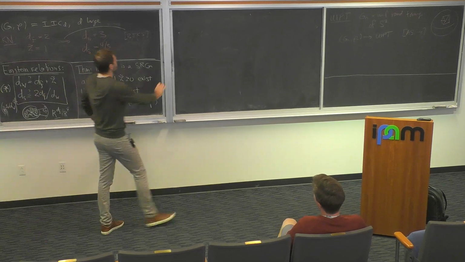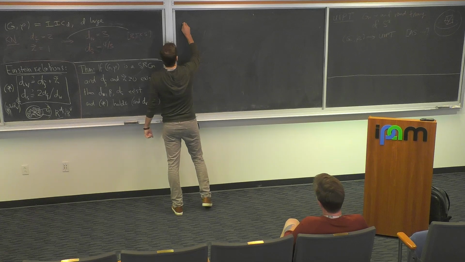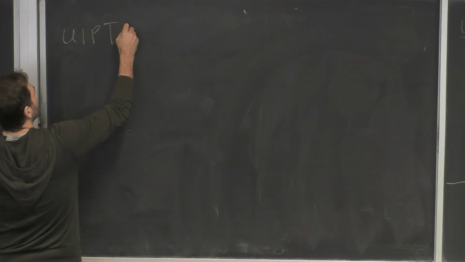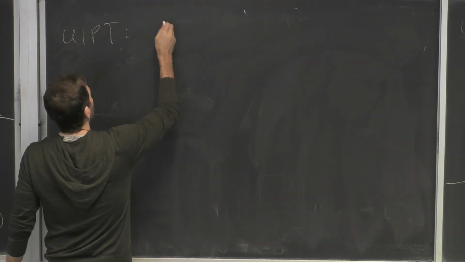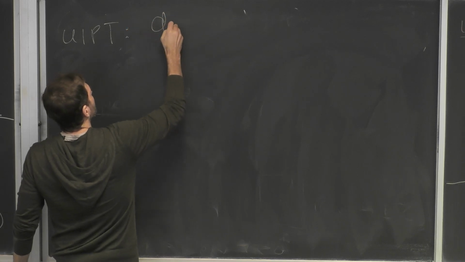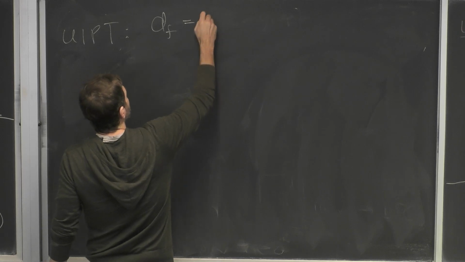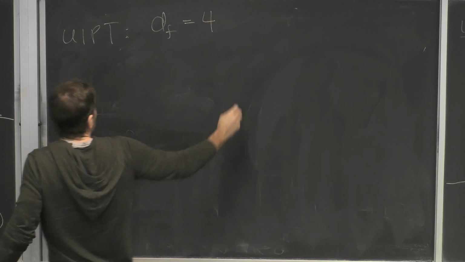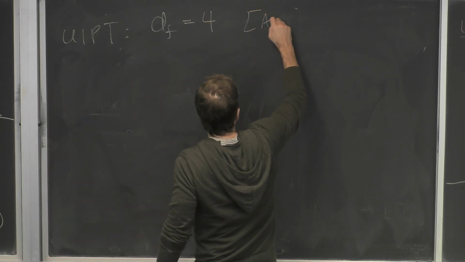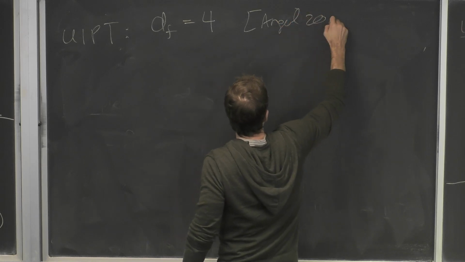Okay, so another example here is the UIPT, the uniform infinite planar triangulation. Maybe this one is in 2003, Omar.